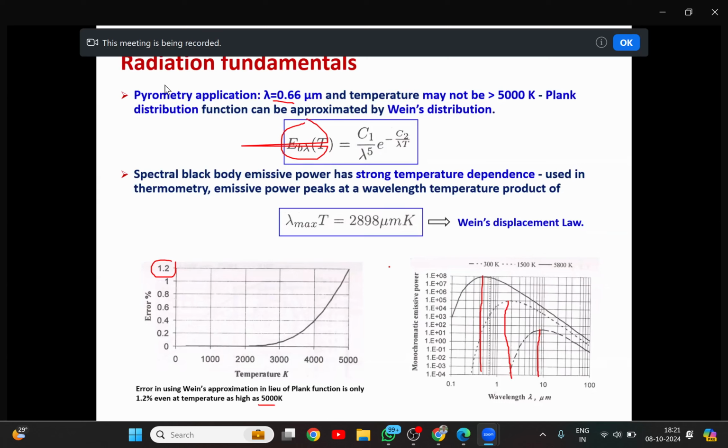That constant has a fixed value, which is 2898 micron Kelvin. This is known as Wien's displacement law. The lambda max T is 2898 micron into Kelvin.